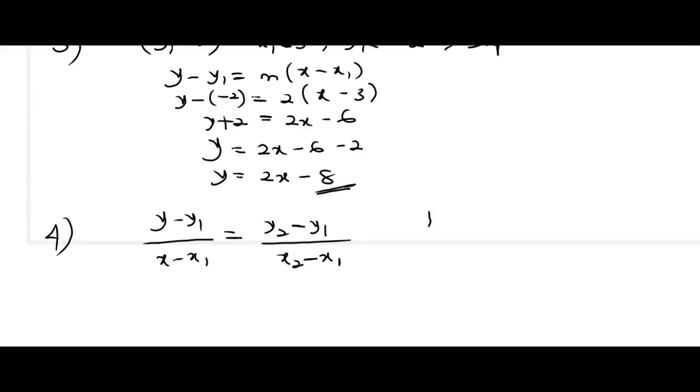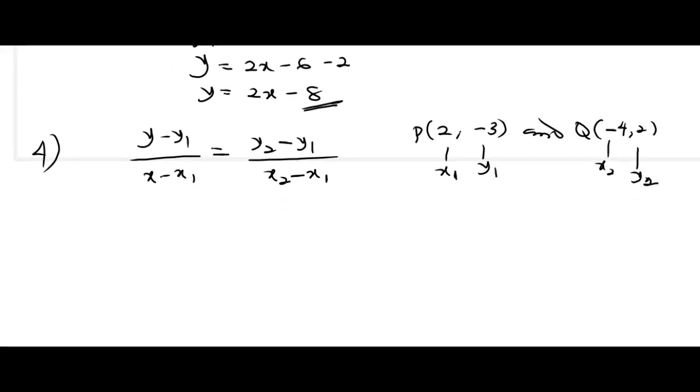So in the question we're given P (2, minus 3) and Q (minus 4, 2). So this is x1, this is y1, this is x2, and this is y2. So let's do direct substitution. So y minus y1, since y1 is negative 3, this will be y plus 3 all over x minus x1, that is x minus 2.